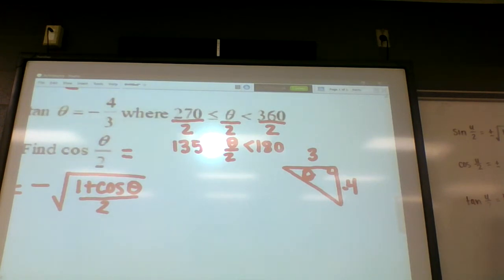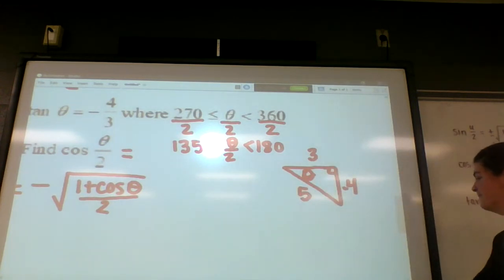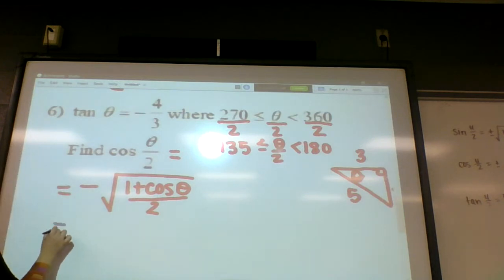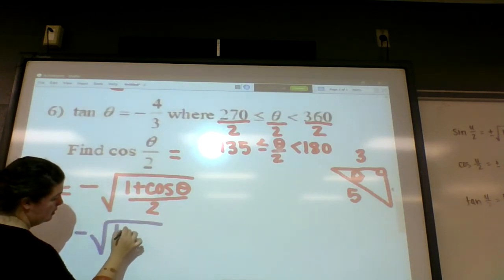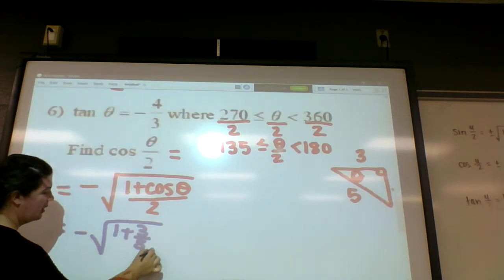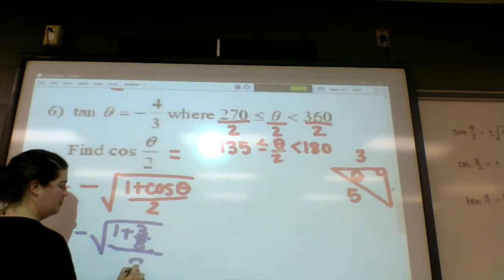And for cosine, you need the adjacent and hypotenuse. So we know 3 over, what's the hypotenuse? 5. 3, 4, 5. So cosine will be 3 over 5. So we're going to throw that into our equation, all over 2.